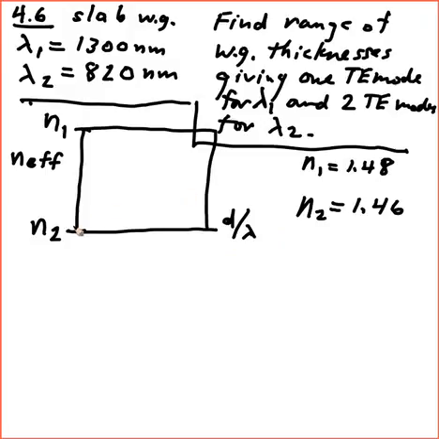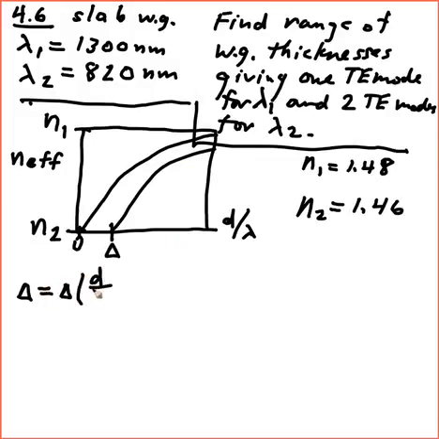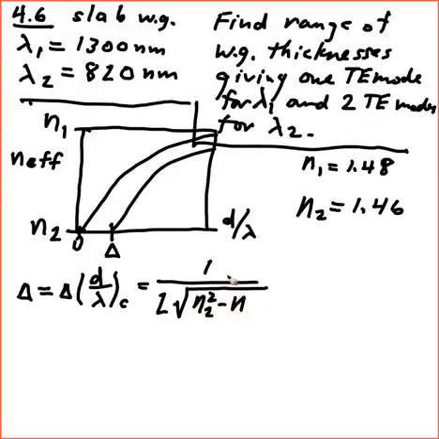And so we have our cutoff for our zeroth order mode at d equals 0. The cutoff for the first order mode is at d by lambda equal to delta, where, as in a previous problem, delta is d by lambda at cutoff, which is 1 over 2 square root of N1 squared minus N2 squared.